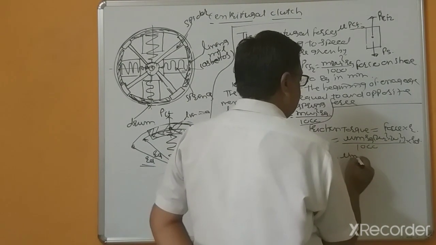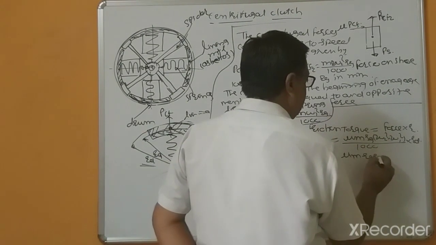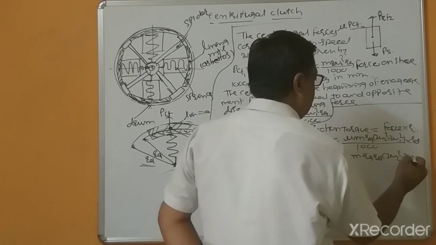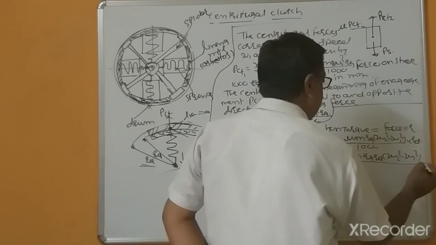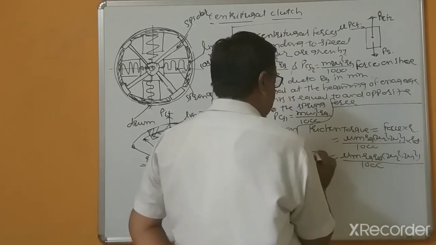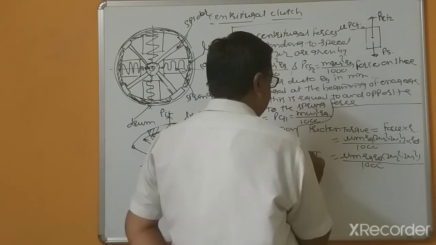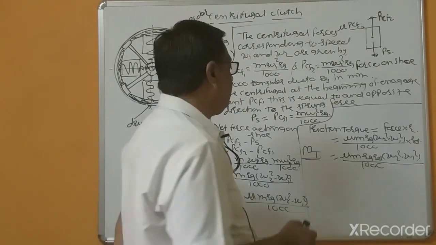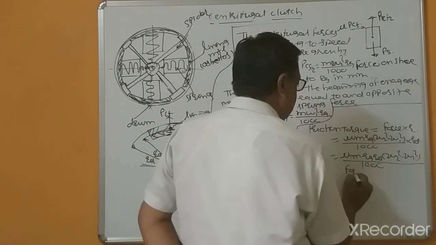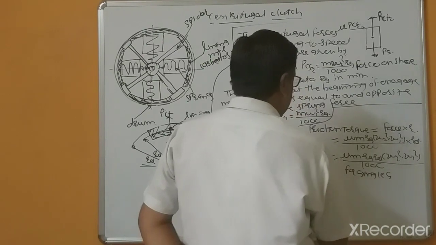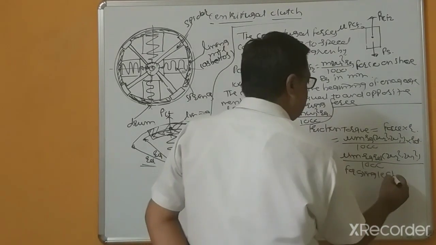This becomes the torque Mt for a single shoe.